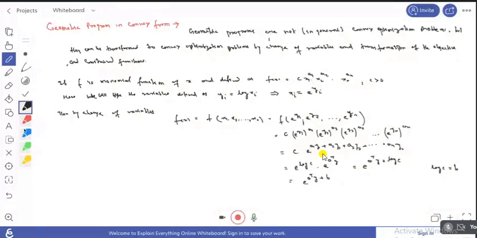Here you write the change of variables, that is y, where yi is log of xi.